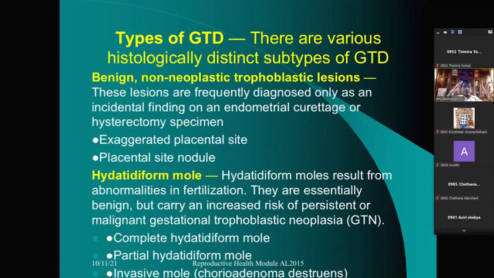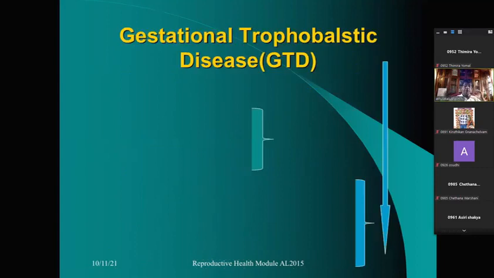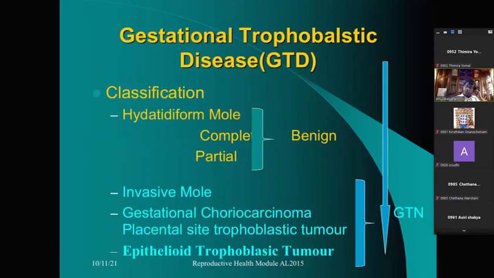So this is what we talked about. Back again, just get this concept into your head properly. We have a benign component and we have an extremely malignant component of this proliferated placenta. So I put it in a simple way. You have the benign component, we call it hydatidiform mole, complete or partial, including also local placental proliferation like placental site nodules.